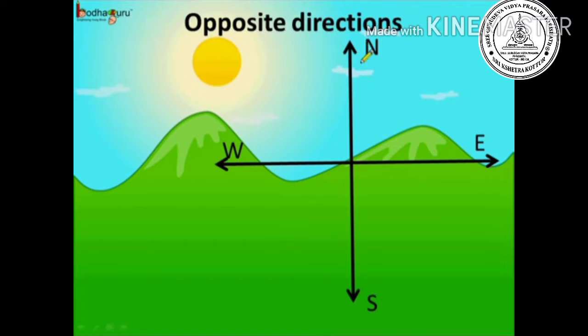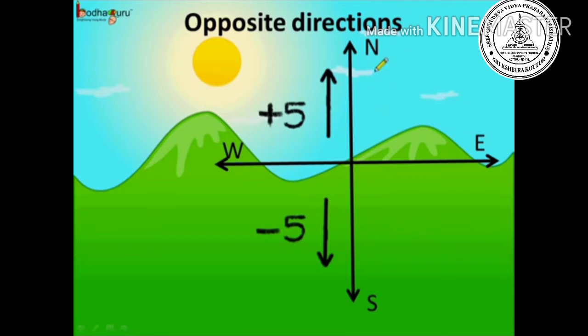We know north and south are opposite directions. So, let us assume north as positive and south as negative. So, we can say the boy moved plus 5 steps and another boy moved minus 5 steps as he moved towards the south, and here we used integers to represent opposite directions.